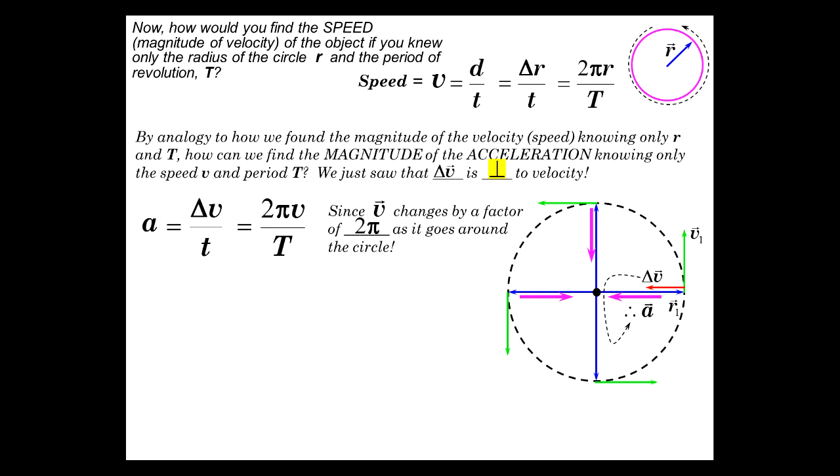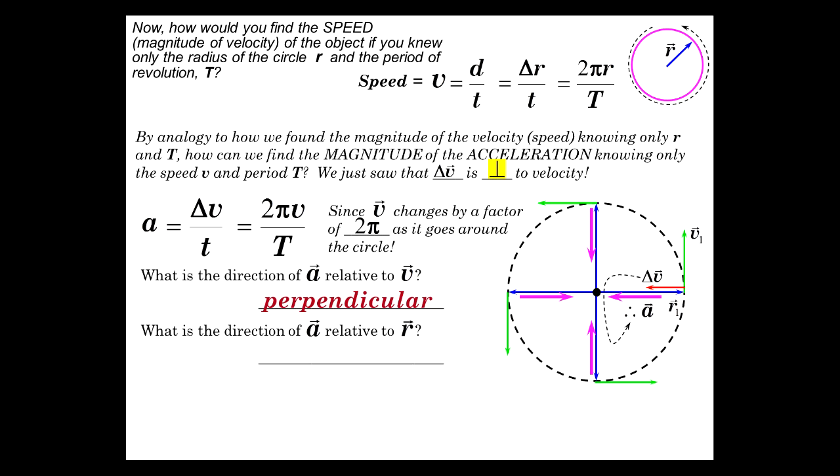And likewise, we could draw the acceleration at different locations. It's always doing the same thing. And what I mean is, if this is uniform speed, the size is the same, and it's pointing relative to v. What is this doing relative to the motion? Well, it's perpendicular. And there's more that can be said about that in a moment.